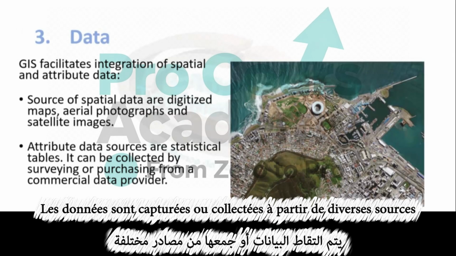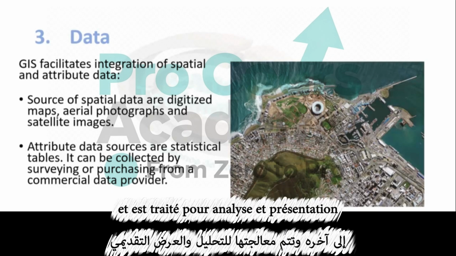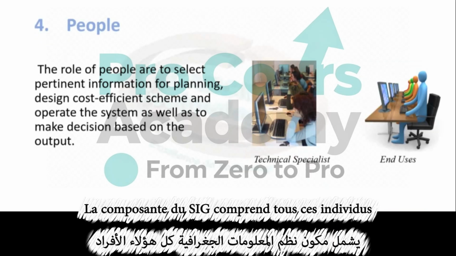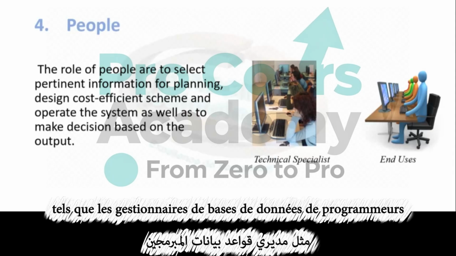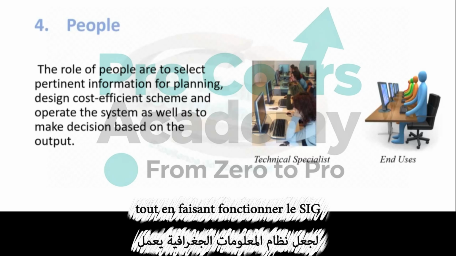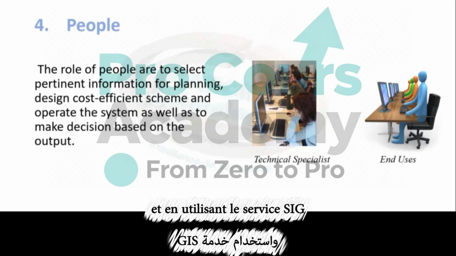Third is data. The data is captured or collected from various sources, such as maps, field observation, photography, satellite imagery, etc. And it's processed for analysis and presentation. Fourth is the people component. GIS includes individuals such as programmers, database managers, GIS researchers, etc., who are making the records, and also the individuals who are the users using the services, applications, and tools.